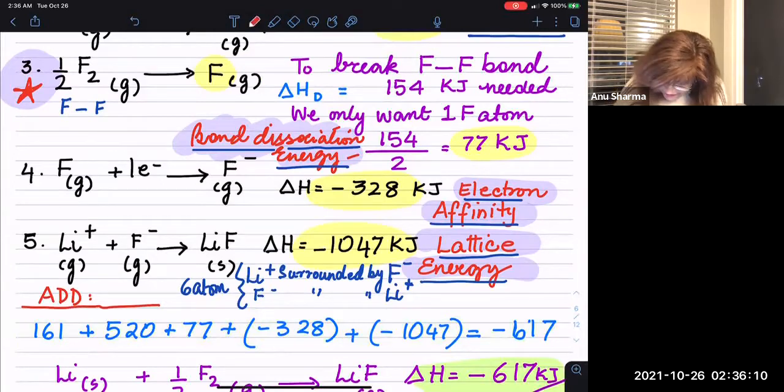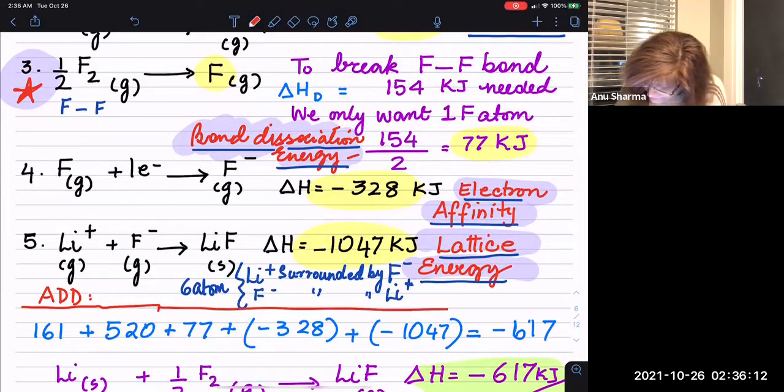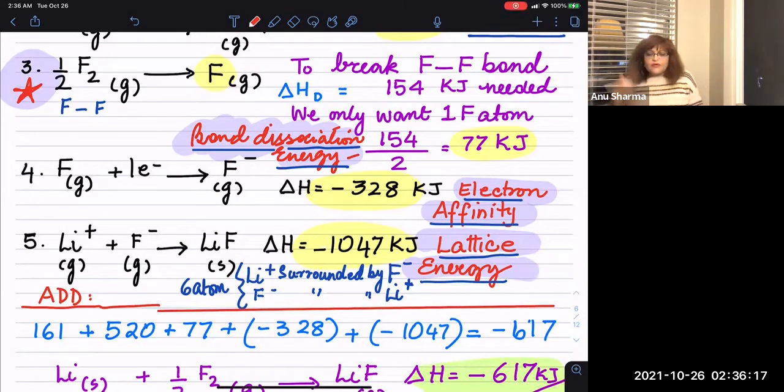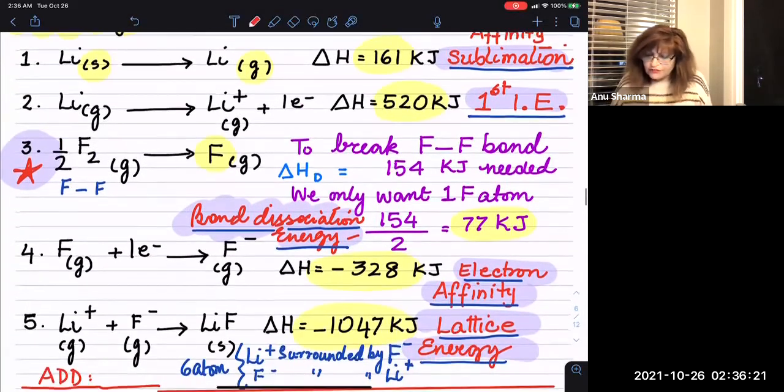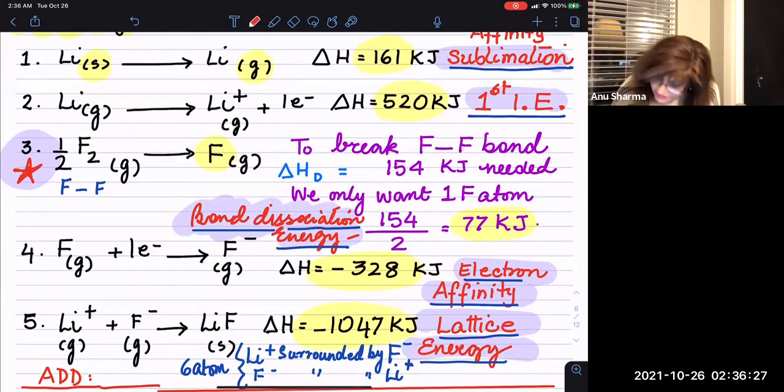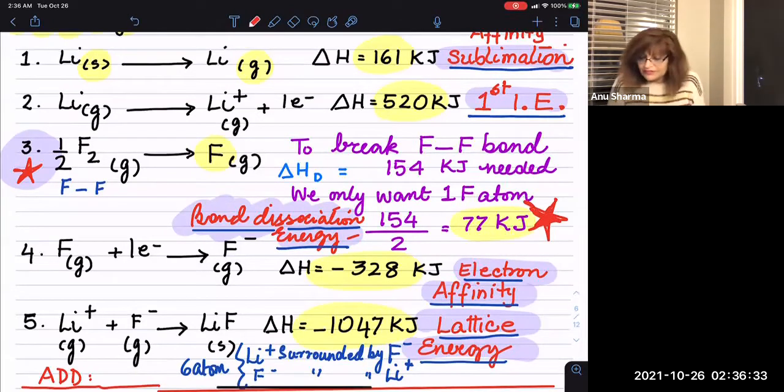So we bring in the first one, the energy of sublimation, 161, plus 520, plus 77. This is important, plus 77, because you have to half it. Okay, half. So plus 77, then comes minus 328, and then comes minus 1047.